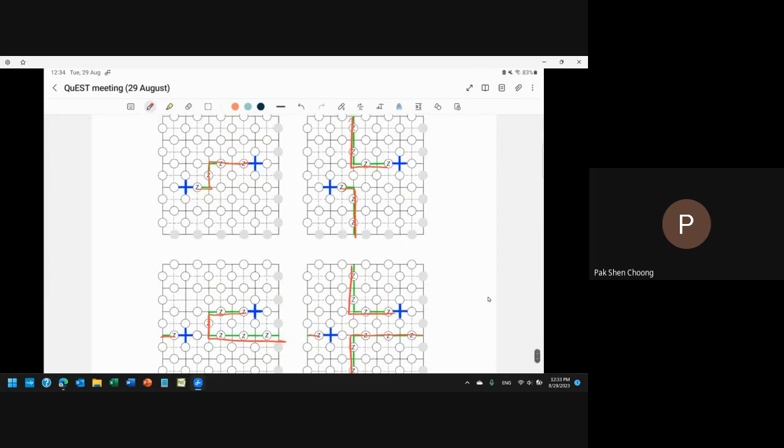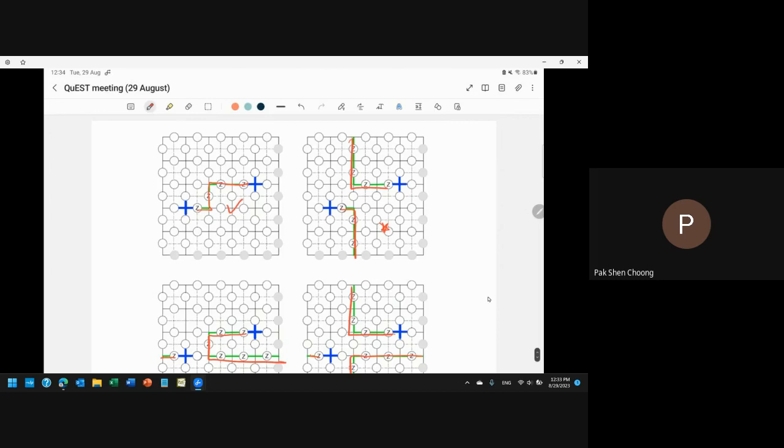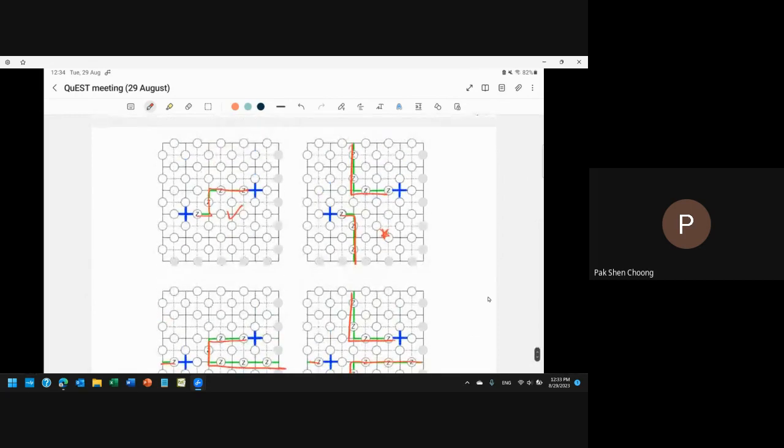Meaning that if you have this kind of error, but you try to fix your error using this path, it actually gives you the wrong answer. Because there is this inequivalent path that you already took.